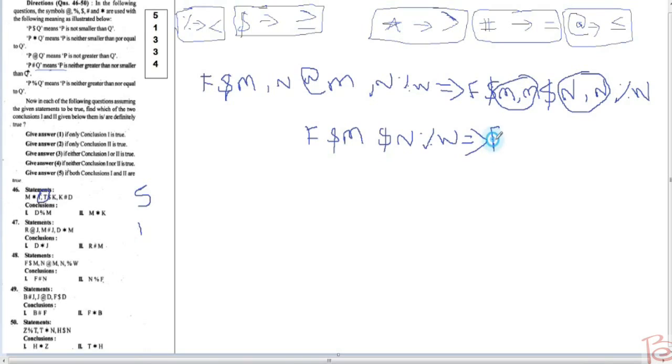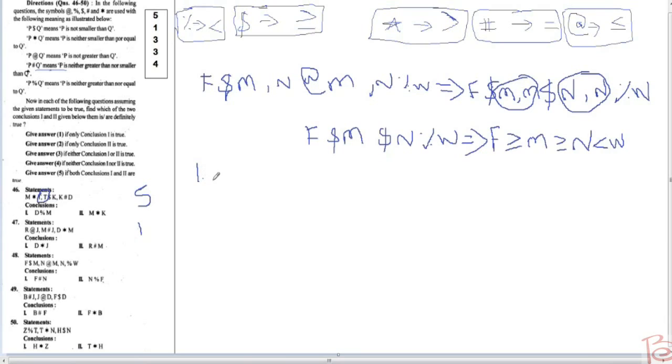So f dollar means greater than or equal to, m greater than or equal to n. Percentage means smaller than w. Okay, so this is the resultant statement.